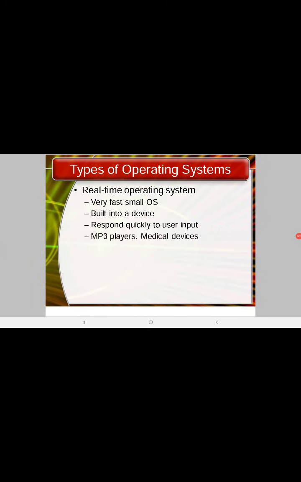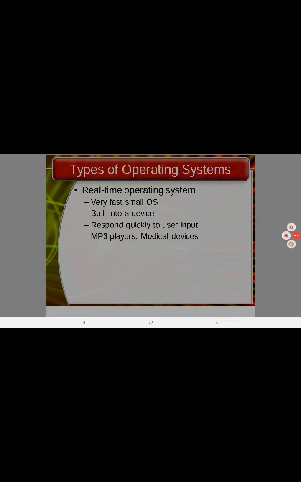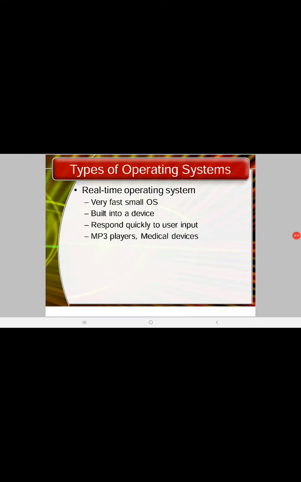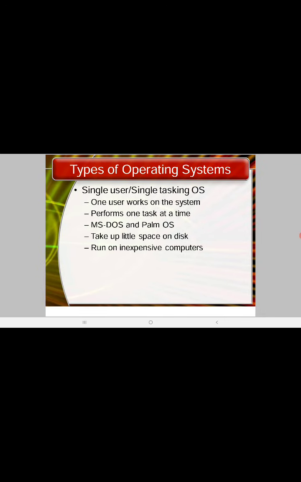And the types of operating systems, first one is real-time operating systems. So real-time operating systems can work online or in real time, and are connected to or work with small devices like MP3 players and medical devices, responding quickly to user input, built into a device like that.